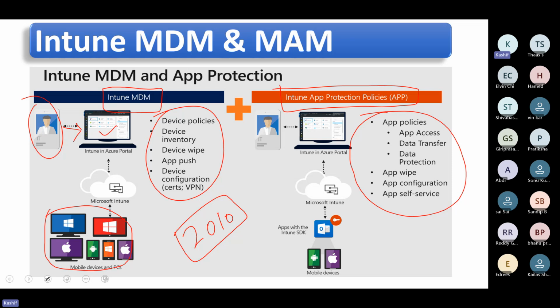So Intune can manage major operating systems like Windows 10, Windows 11, MacBook, then Android, then iOS, iPad, and Windows Phone. It can also manage mobile applications on Android and iOS devices. Okay, so these are the two major functionalities of Intune: mobile device management and mobile application management.